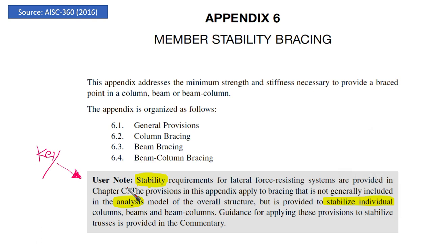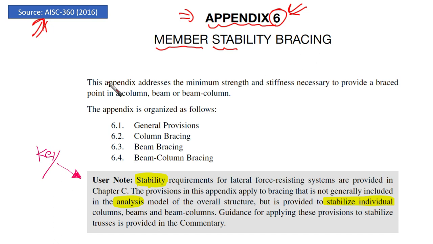If you go to the AISC 360 specification, or in the manual, you can find the specification there, and browse until you find Appendix 6. There are several appendices there, and you are going to find this appendix titled Member Stability Bracing.